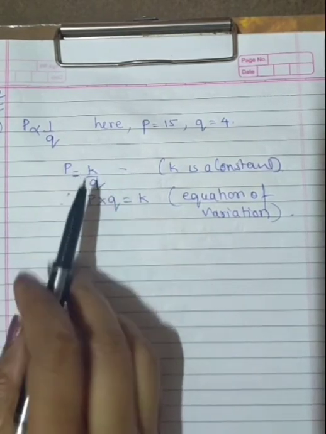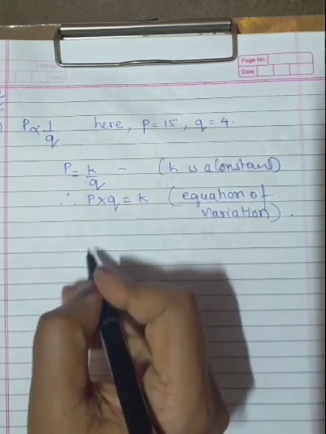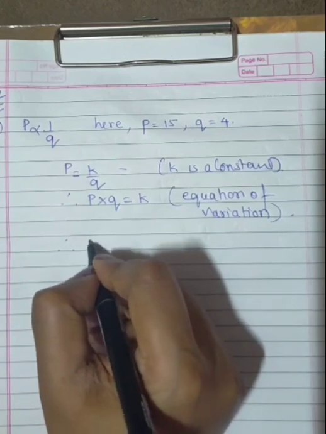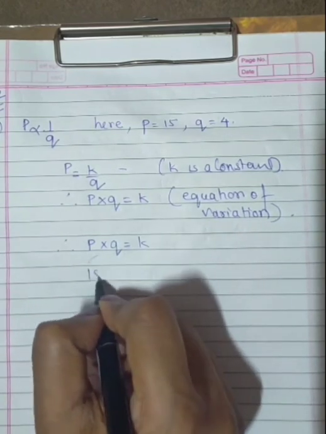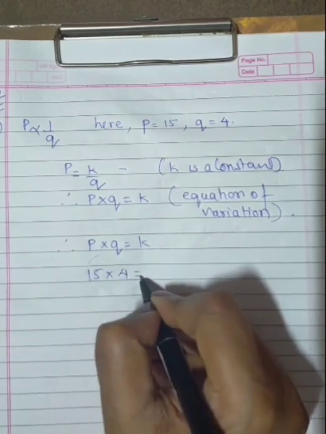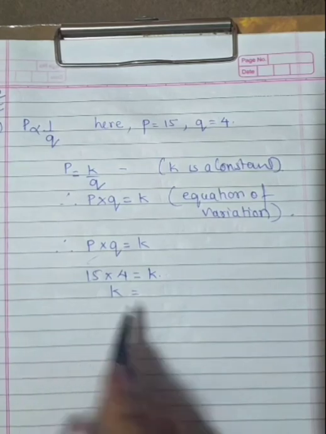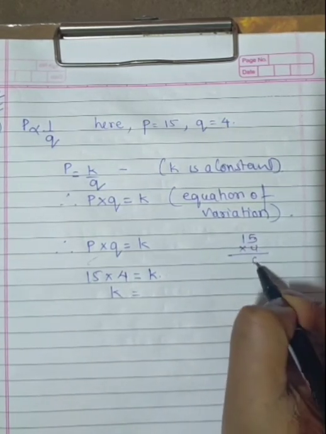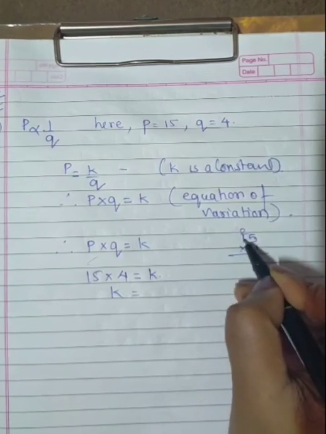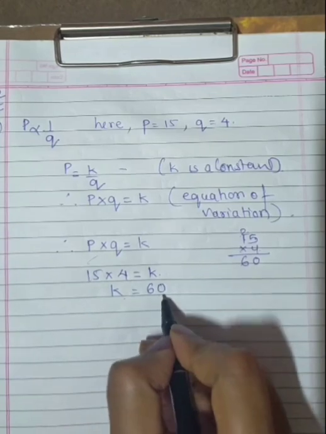Okay, this is the equation of variation. Now as you can see, P is given 15 and Q is given 4. So we will substitute this in the equation. So P, 15 into 4 equal to K. So K is what? 15 into 4. 4 5s are 20, 4 1s are 4, 6, 60. We got 60. Okay. K is equal to 60.